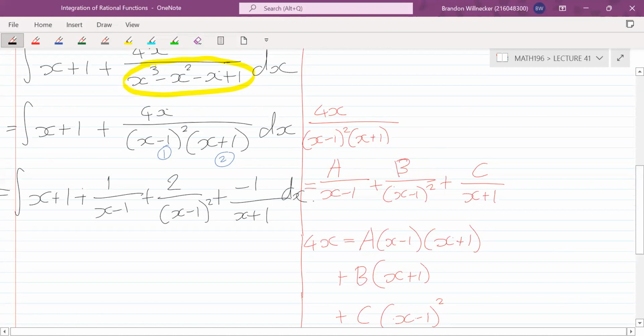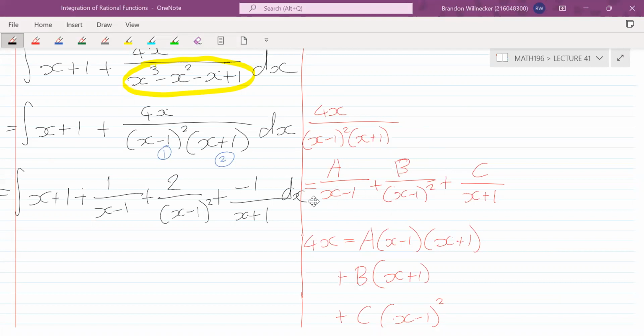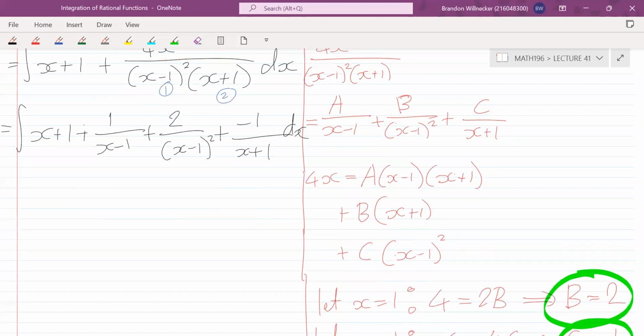Okay, so we've successfully split up our fraction into the 3 terms corresponding to the 3 terms being multiplied in that denominator. Okay, so what we need to do now is look at all of the terms and then integrate. Okay, but that's quite easy to do.